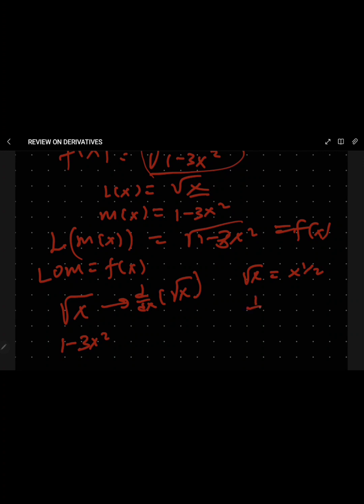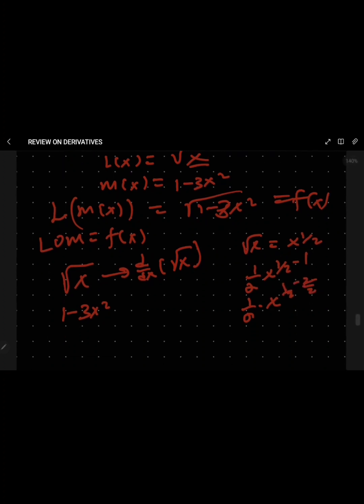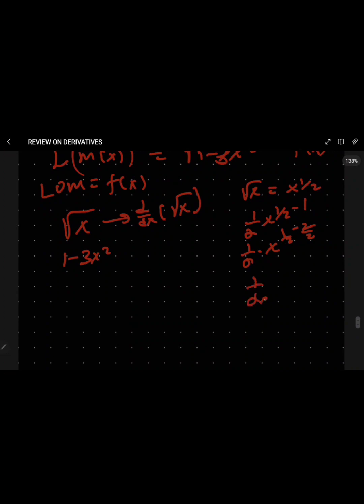So this is 1 over 2 times x to the power of 1 over 2 minus 1, which is 1 over 2 minus 2 over 2. So I get 1 over 2 times x to the power of negative 1 over 2.